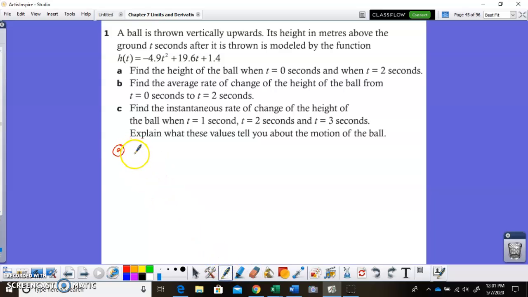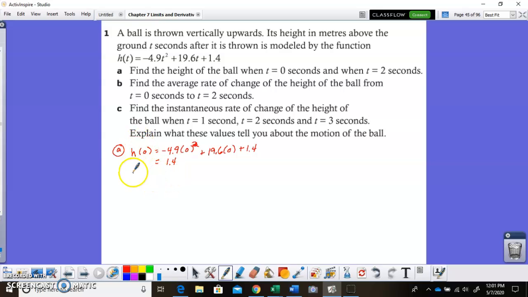So for letter A, I'm going to substitute in 0. So I've got negative 4.9 times 0 squared plus 19.6 times 0 plus 1.4. And that whole thing equals 1.4. All right.